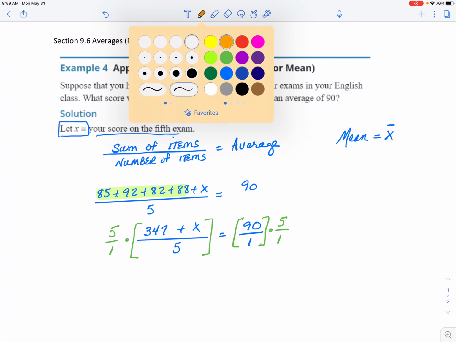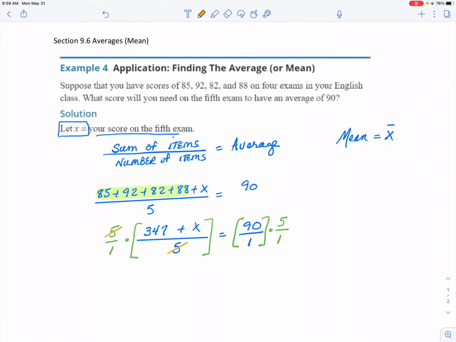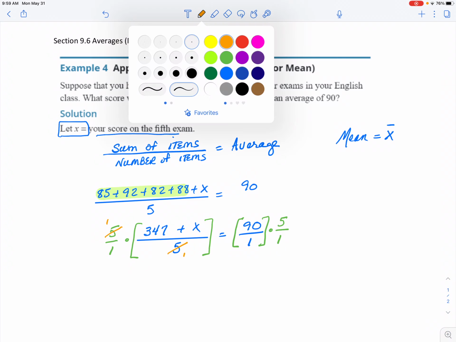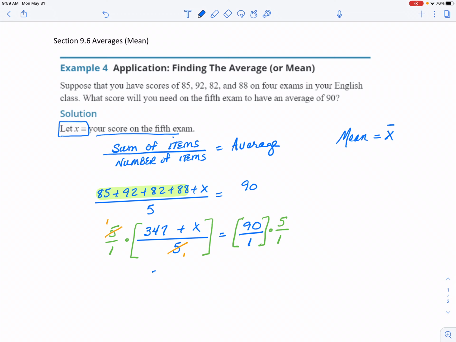And the reason we're doing that is we want this 5 over here on the left in the denominator to cancel out. So this gives us a 1, which means over on the left-hand side, the only parts left standing, the terms, are the 347 plus X. And over here on the right, we have 450.